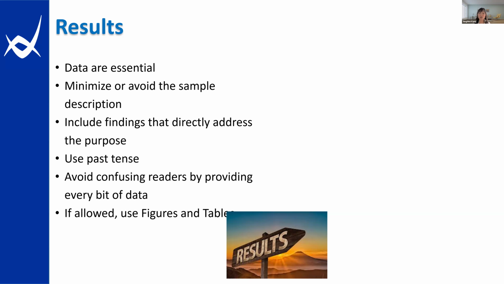And if allowed, you can use a figure or table. For example, American Heart Association, as I told you, national or international, European Society of Cardiology, they allow you to use figures because it's very good to provide a visualizing effect, right? That will help people understand what you found easily, and it will catch reviewers' attention as well.